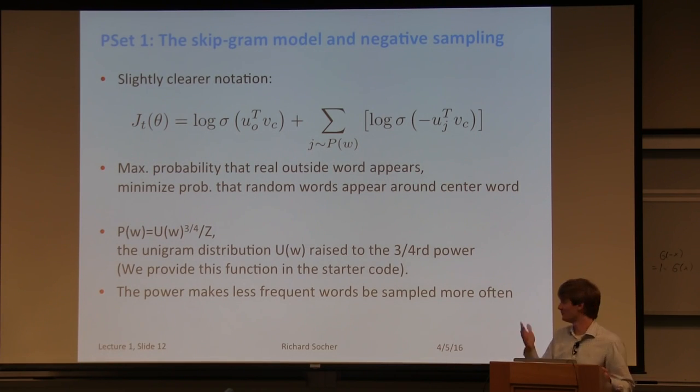Usually you have a power law kind of distribution, so the most frequent words appear so much more than very rare words, we want to attenuate that a little bit. We still encourage slightly more frequent sampling of frequent words, but not as frequently as they actually appear in a corpus.